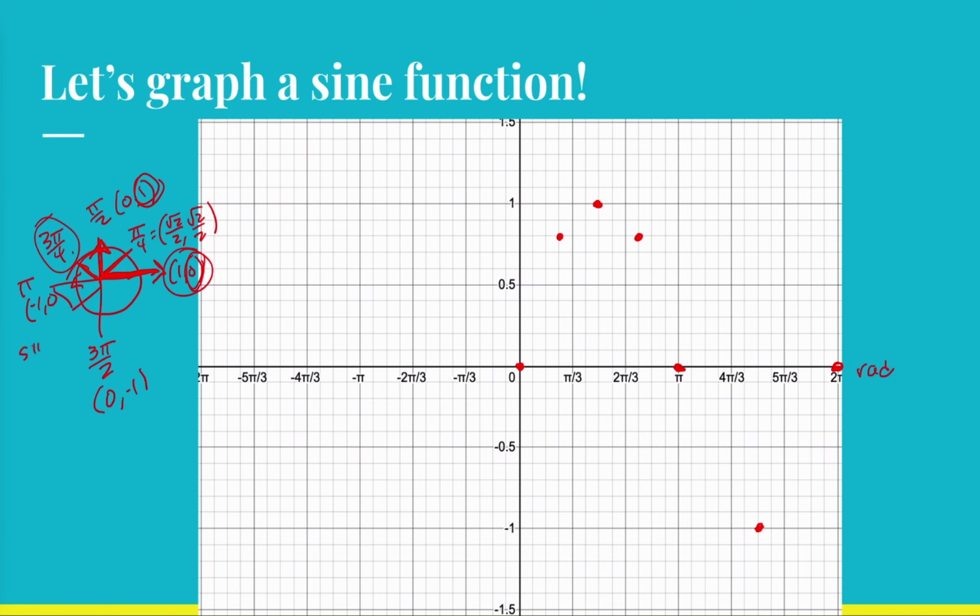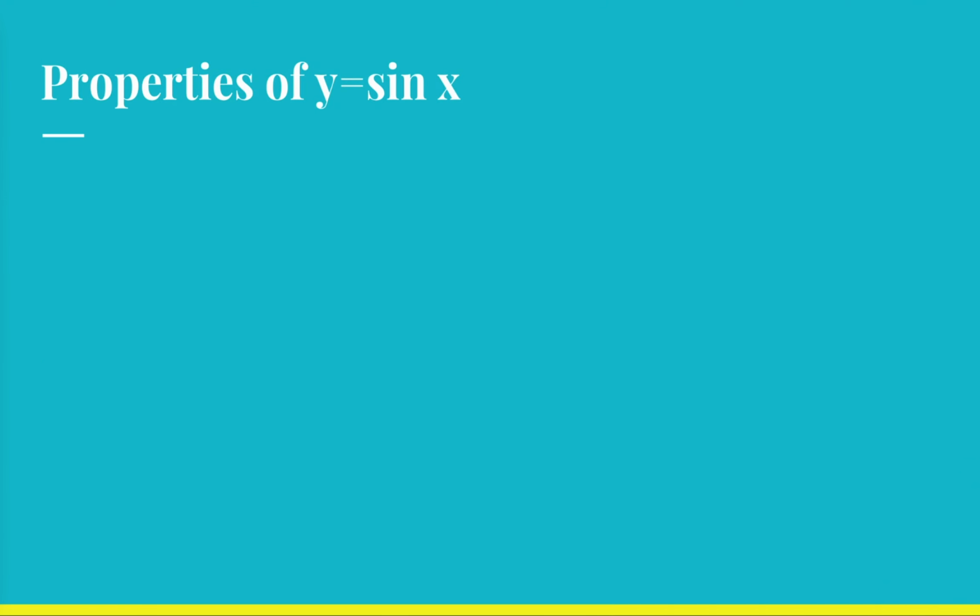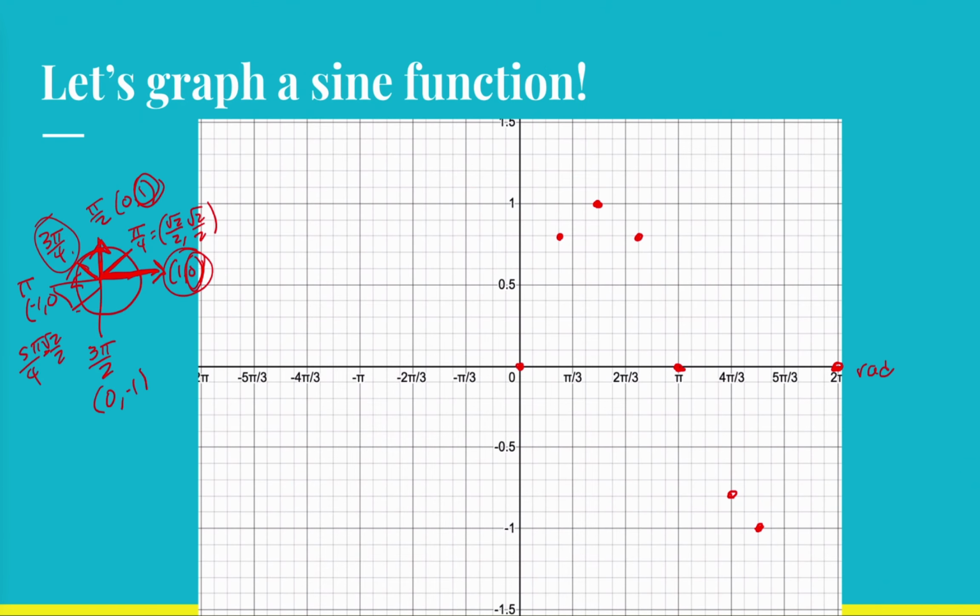And at 5 pi over 4, you're going to have root 2 over 2, but it's negative. So that's going to be here, and that's also going to be the same here. And that's also going to be the same on the other side. So that starts to give us the sine function.